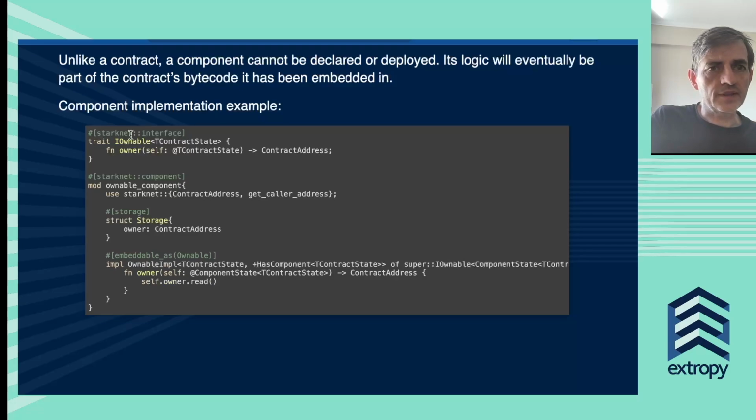The signature we've already spoken about, and then the actual implementation is quite simple. It takes the snapshot, which is assigned to the self variable, uses the dot syntax to get the owner field, and then it calls the read method on that to read that value, the contract address that is the owner, and then it can return that from the function. Okay.